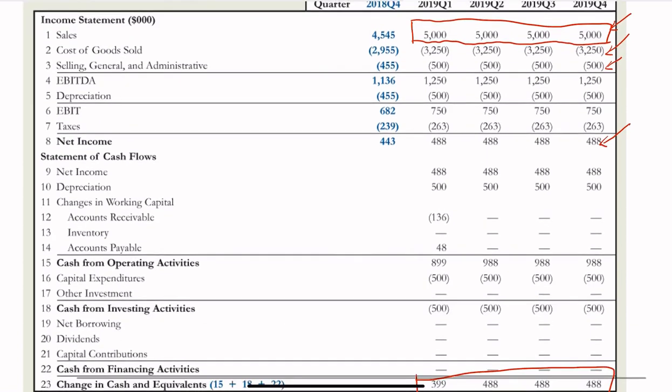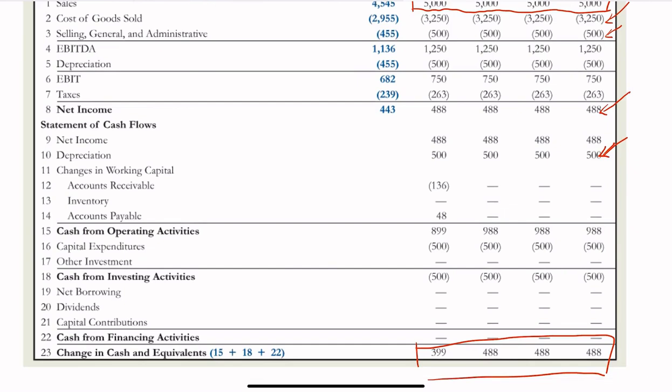And then we will adjust it from net income to get our cash flows. So you can see that we have this constant depreciation. Then the only variation here is the working capital, and you can see that the variation is not very large. So that's why you will see some variation in the cash flow in Q1 2019.